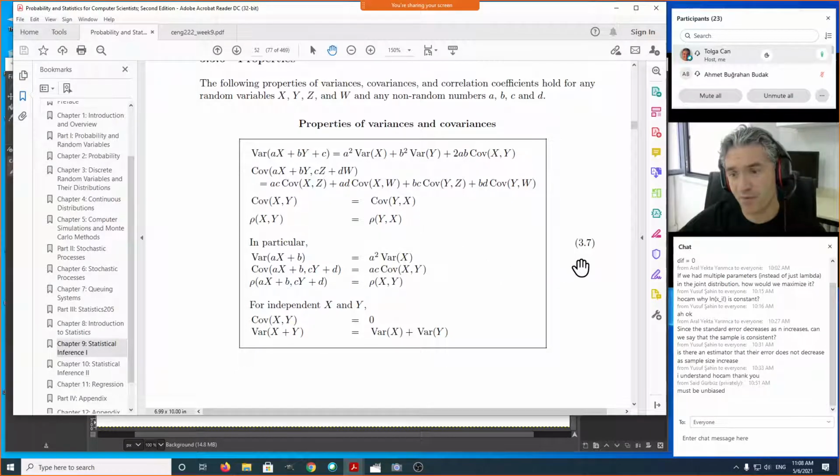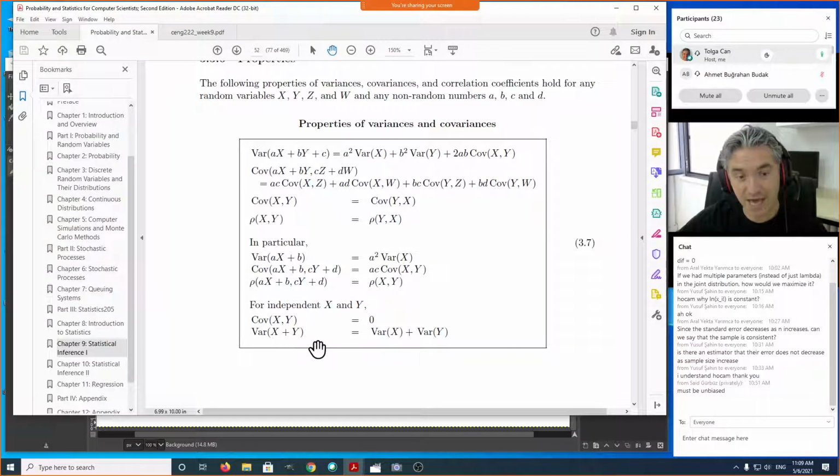This table 3.7 is really important, which tells you that for independent x and y, the variance of x plus y is equal to the variance of x plus the variance of y.